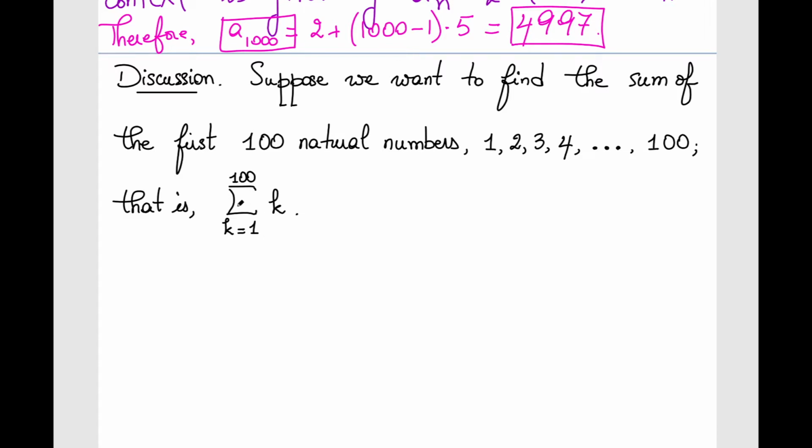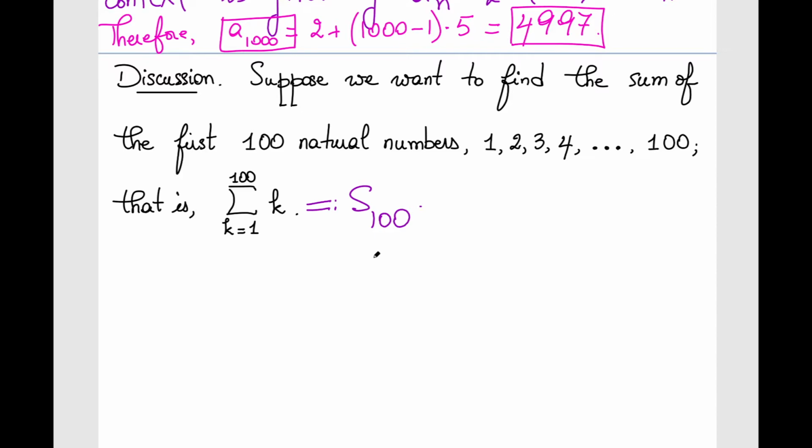Remember, the nth partial sum is the sum of the first n terms of the sequence. This is certainly an arithmetic sequence because the first term is 1 and the common difference is also 1. Let's call it S sub 100. We want to find what this sum is equal to.